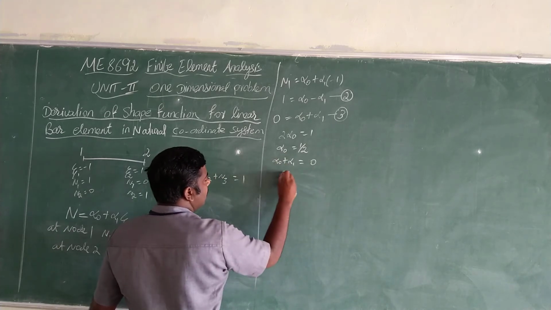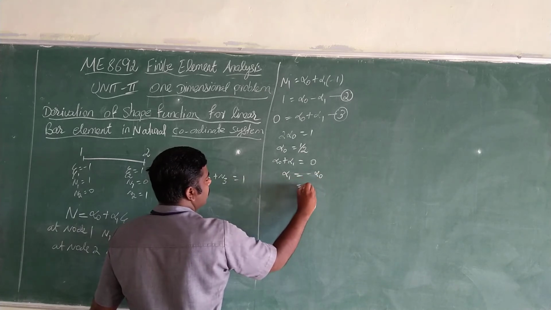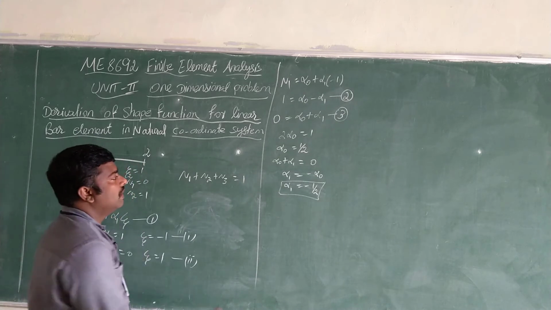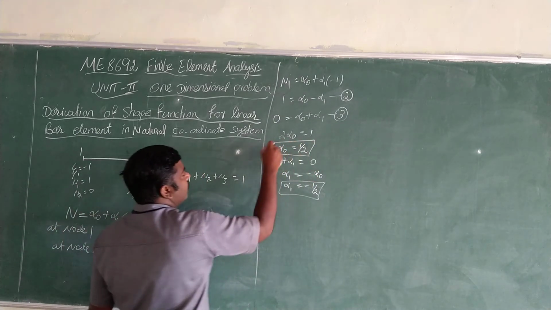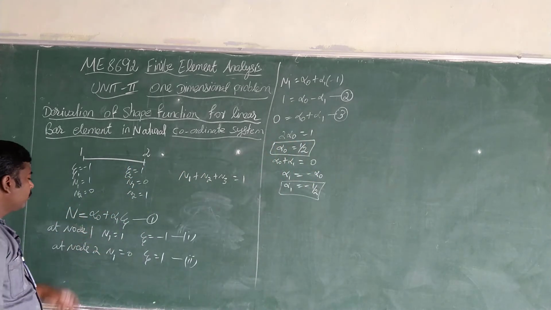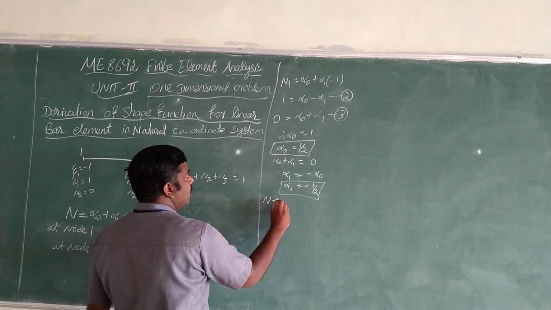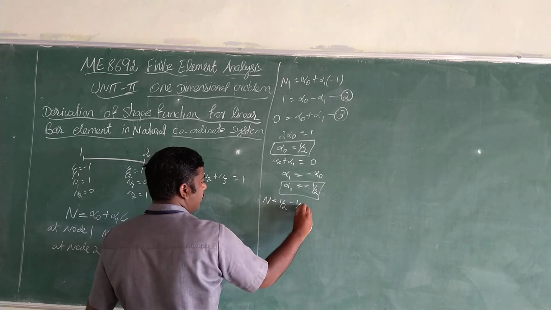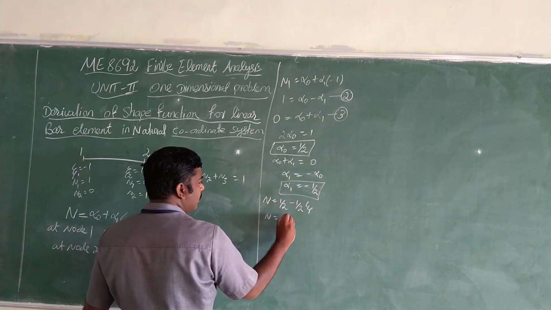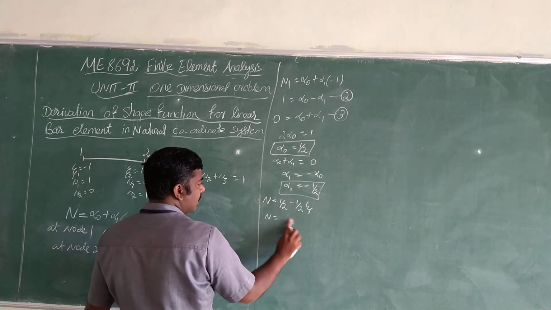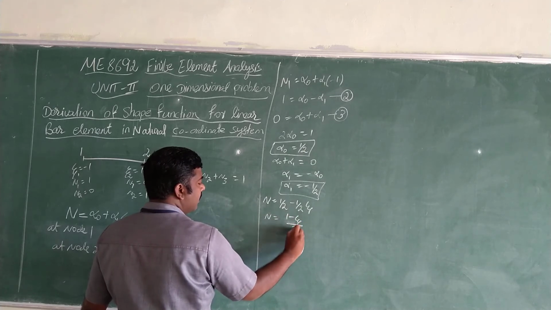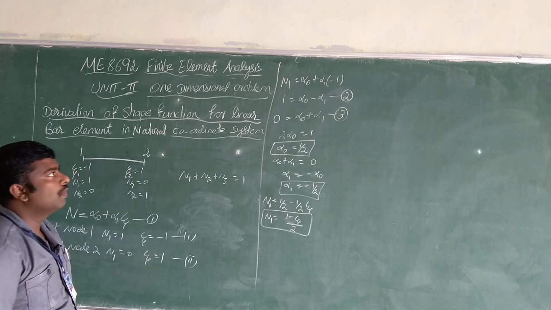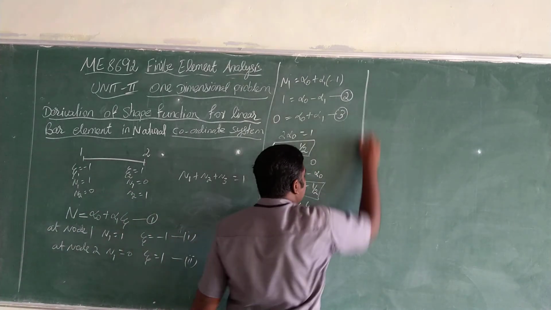So substitute alpha naught and alpha 1 values in equation 1, you will get n equal to 1 by 2 plus minus 1 by 2 psi. Therefore n1 equal to 1 minus psi by 2. This is the shape function at nodal point 1 by using natural coordinate system.